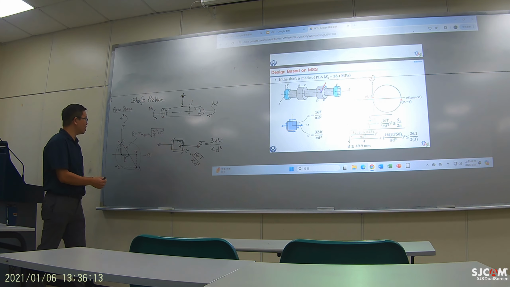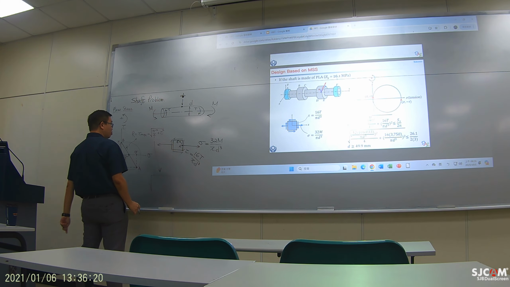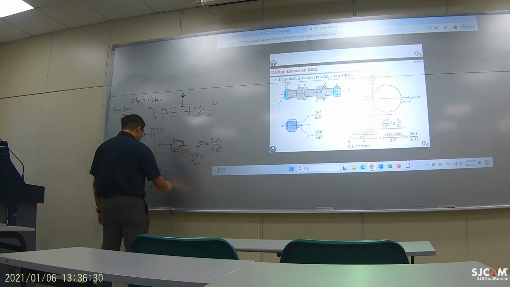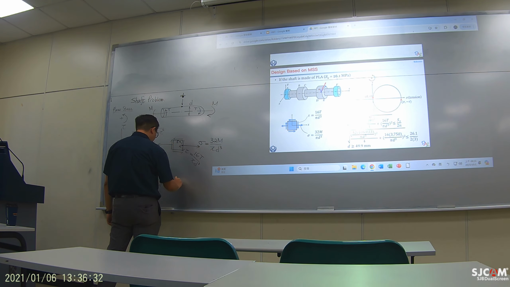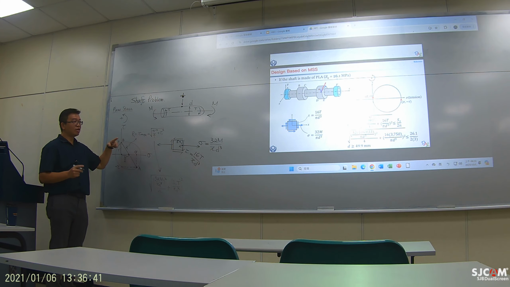Also, if we plug in the equations for the shaft, then we do have a bigger equation like this: the square root of 32M over pi d cubed, squared over 4, plus 16T over pi d cubed, squared. And this is the maximum shear stress.